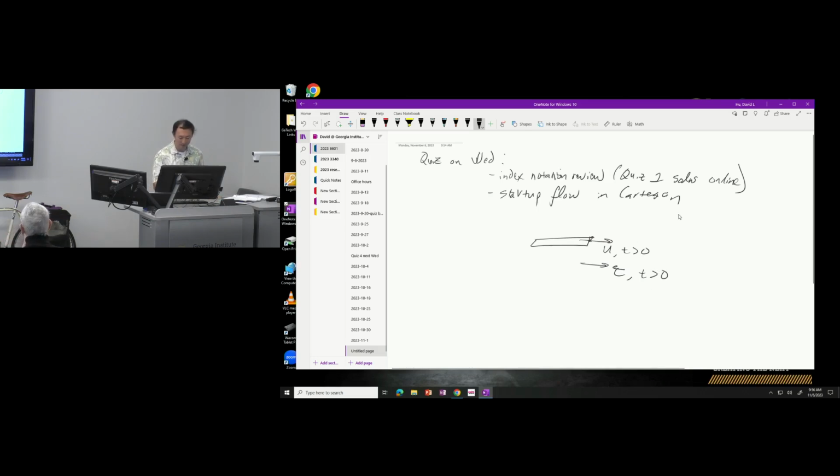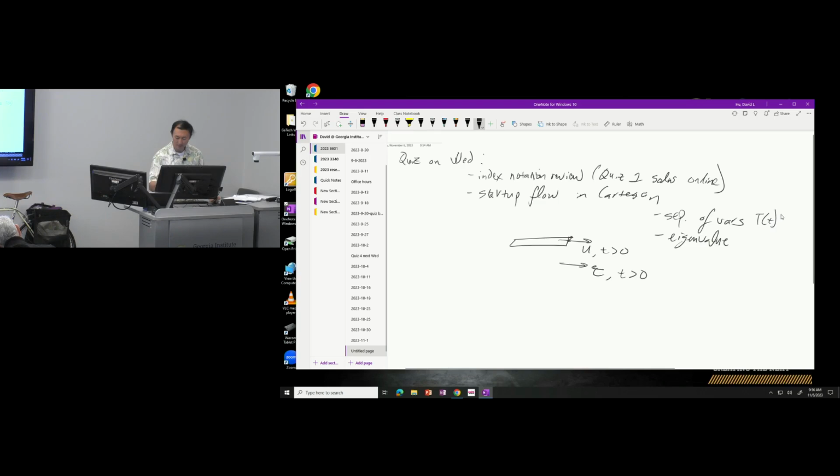Remember, this is not integration, it's a separation of variables problem, and then this is an eigenvalue solution. Because when you separate variables, you're going to have basically T of t and we'll call Y some function of the height between the plates, Z of z. I forgot what we called it before.